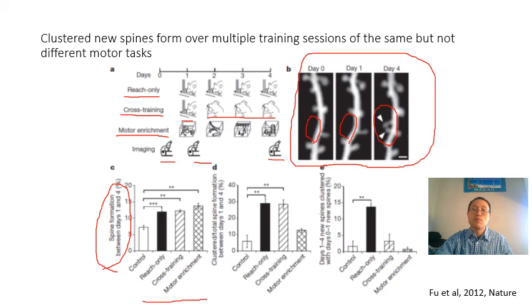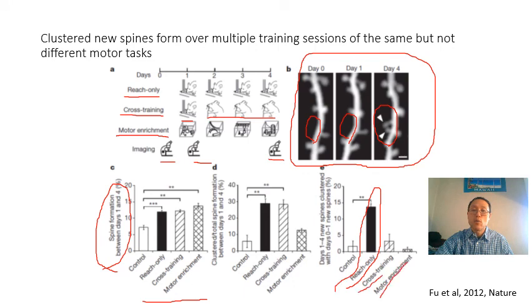All three conditions boost up new dendritic spines, but the kind of dendritic spines that are clustered, you only see in the reach only condition. You don't see this in the cross training.